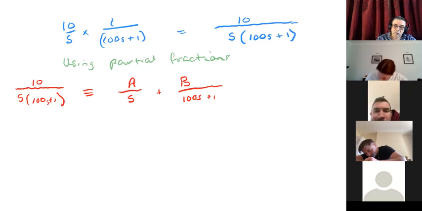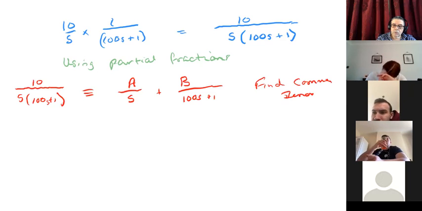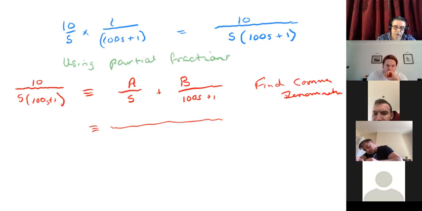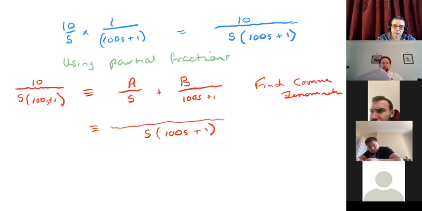Then we need to find our common denominator. So a common denominator for these two fractions here is what we had in the first place, s times 100s plus 1. So to get the fraction with A on top, over s times 100s plus 1, we had to multiply by 100s plus 1.